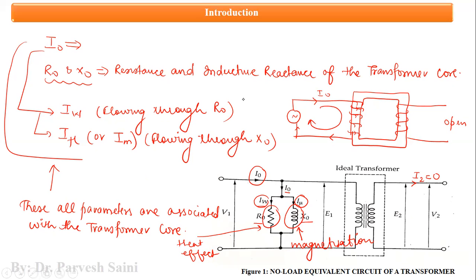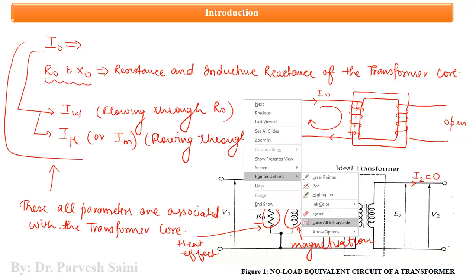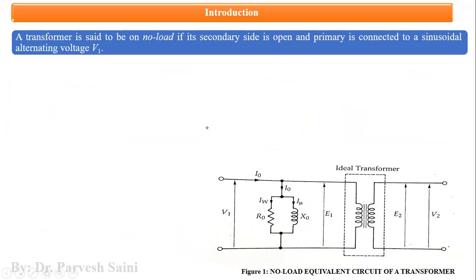Now let us understand what these effects are. A transformer is said to be on no load when the secondary is open and the primary is connected to an alternating voltage, which is V1 in this case.